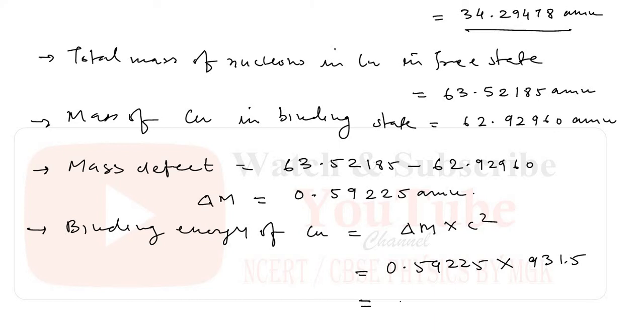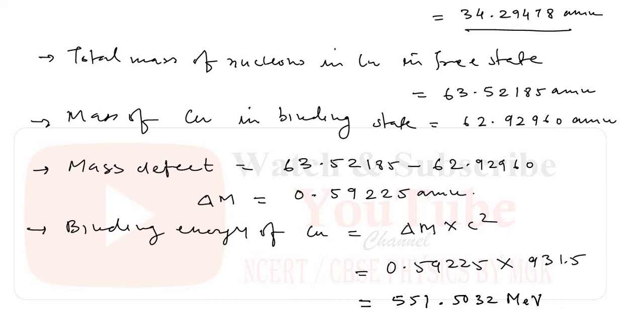So after cancellation, finally we will get the binding energy of the copper nucleus, equal to 551.503 million electron volt. So this is the binding energy.